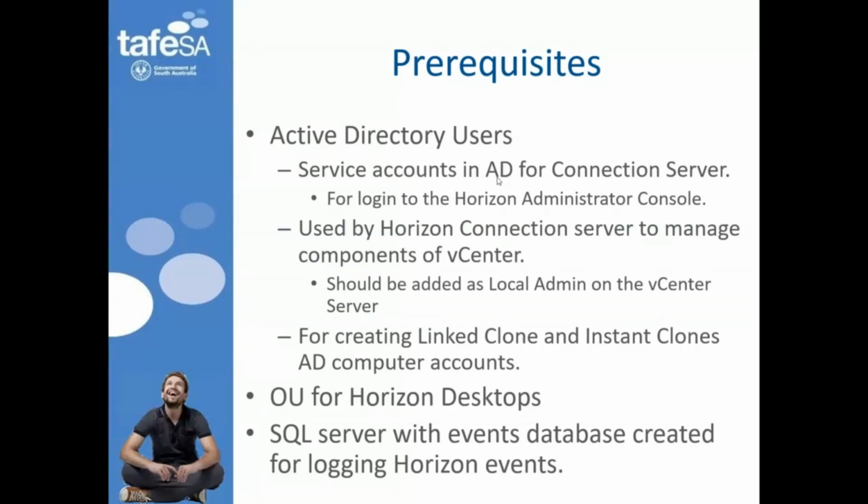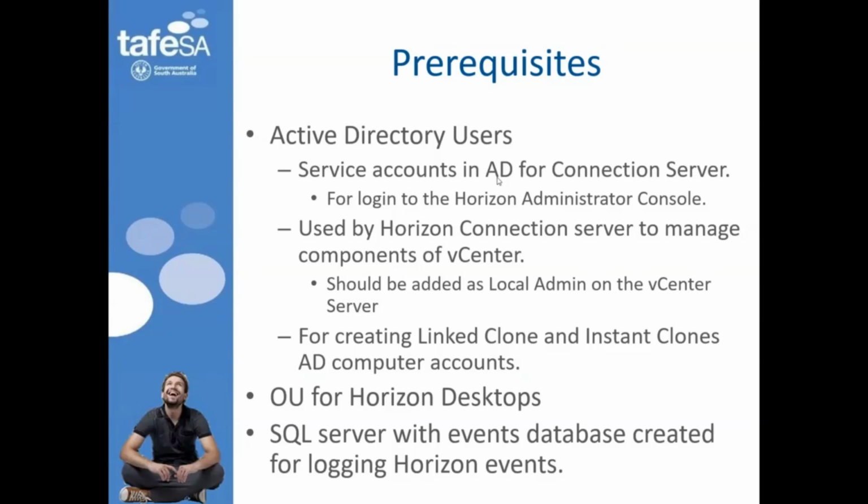We need Active Directory users, and also another account that's used by Horizon Connection Server to manage components of vCenter. So Horizon is a separate thing to vCenter and vSphere, but it needs to interact with vCenter and vSphere in order to virtualize the virtual desktops.